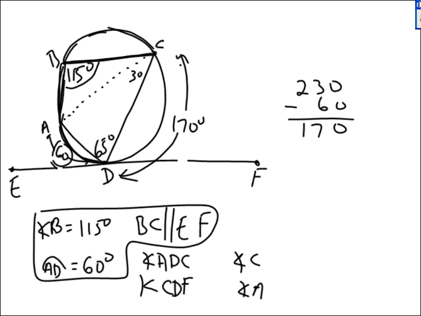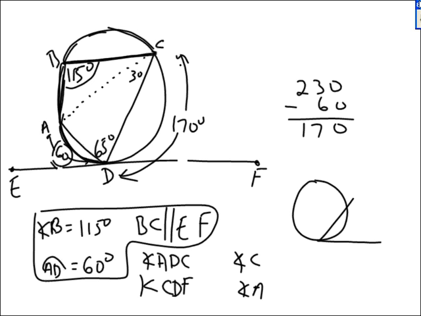Now, the one thing that I didn't do yet is use the fact that this picture has a tangent and a chord, a line tangent to the circle.